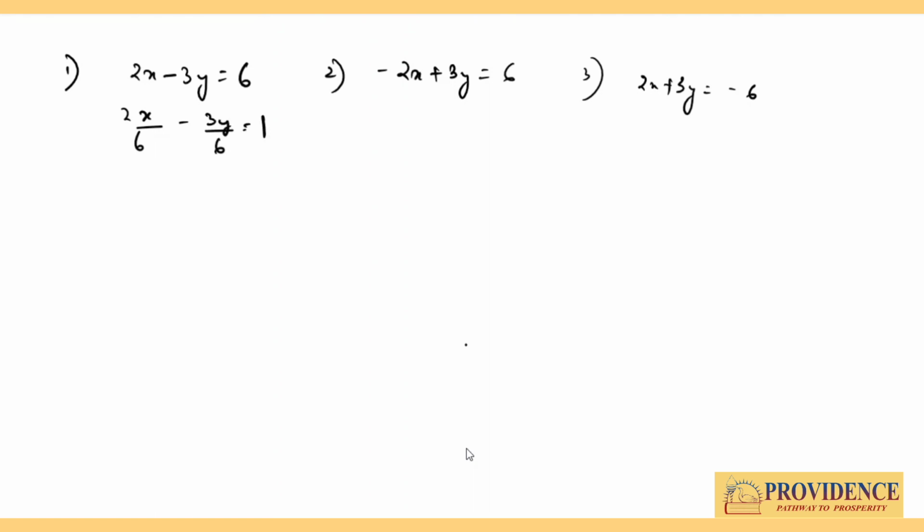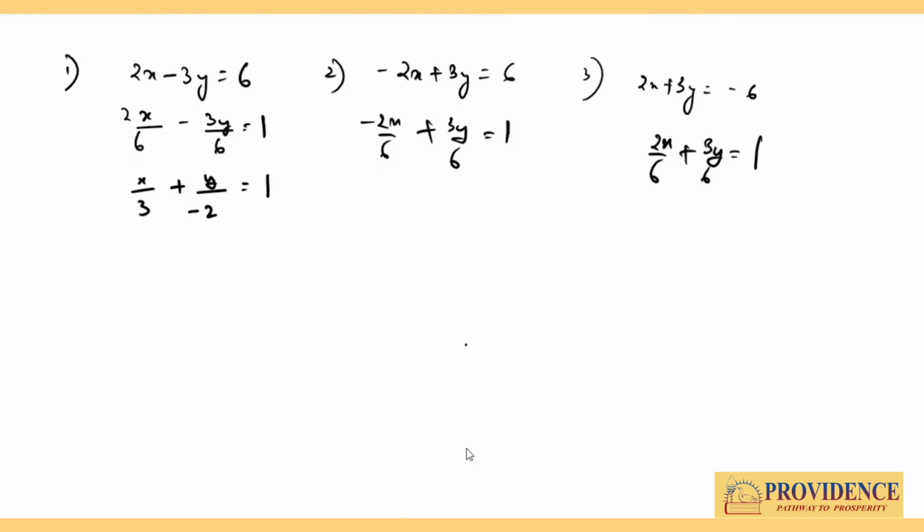For this one, it will be minus 2x by 6, so this will give you x by 3. Now this part we can write it like this, y by minus 2.